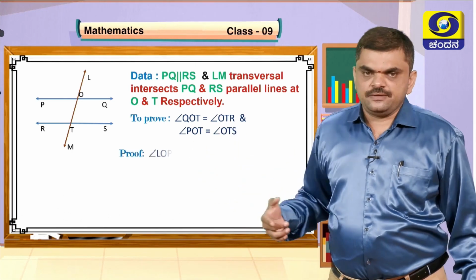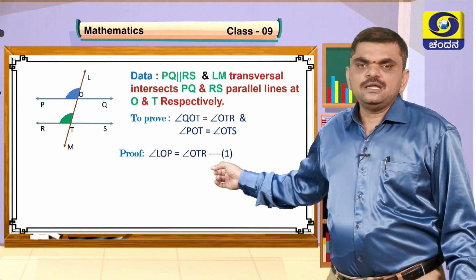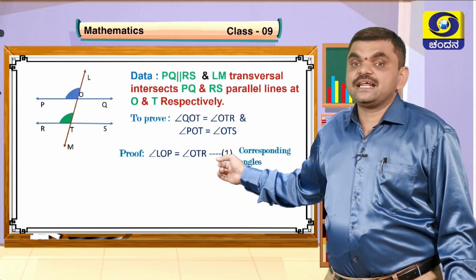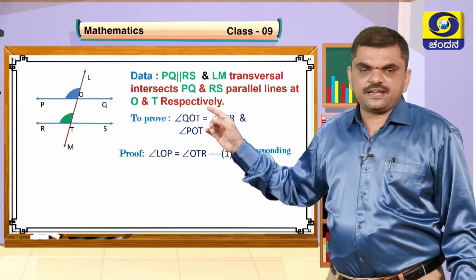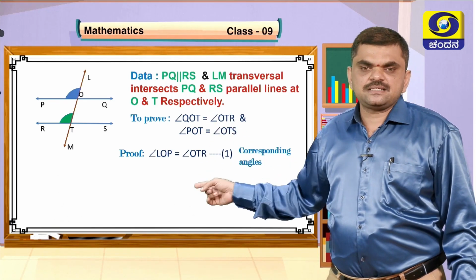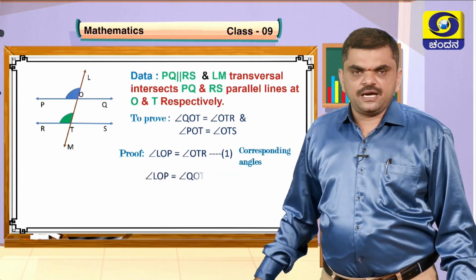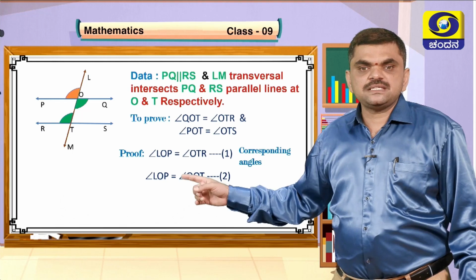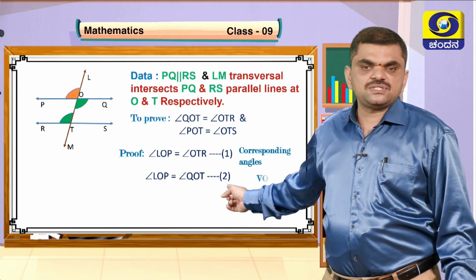Let us prove, children. We know that angle LOP is equal to angle OTR. Why? They are corresponding angles. In our previous axiom, if a transversal intersects two parallel lines, then the corresponding angles are equal. Hence, angle LOP is equal to angle OTR. Now, angle LOP is equal to angle QOT because they are vertically opposite angles.